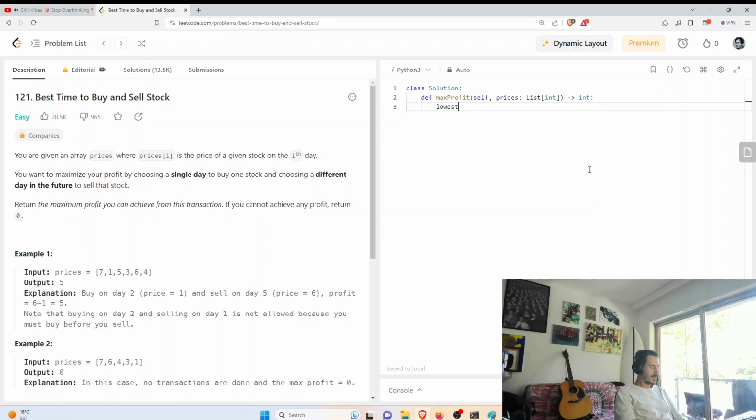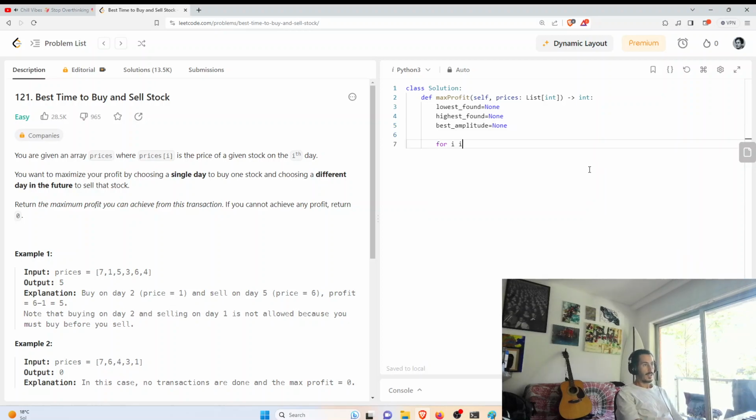So lowest found equals None, highest found equals None, best amplitude is None.